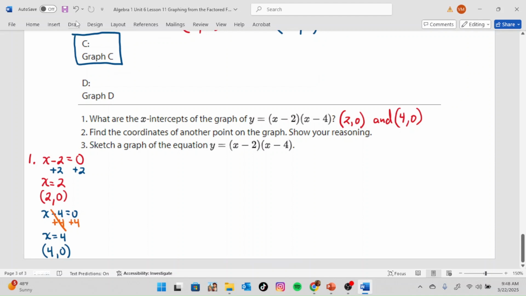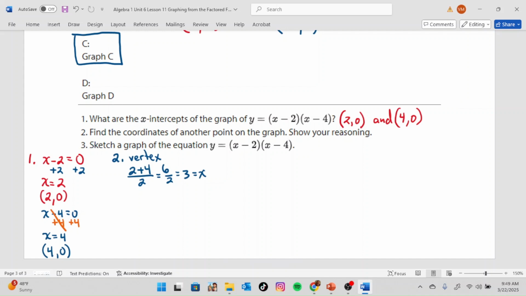Number 2. Find the coordinates of another point on the graph and show your reasoning. So for number 2, I'm going to find the vertex. I'm going to take the two x-intercepts, 2 and 4, add them together, and divide by 2. That gives us 6 divided by 2, which is 3. But 3 is my x.